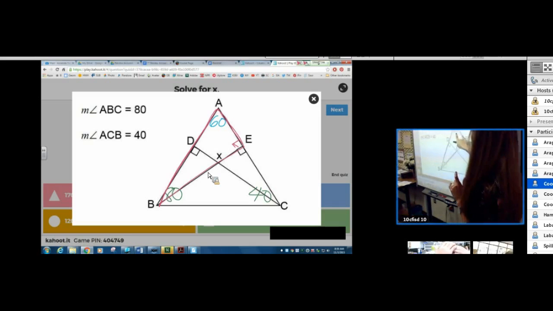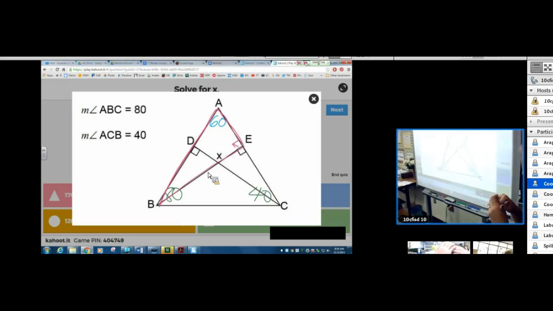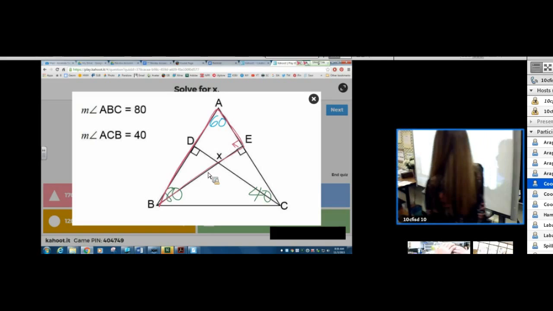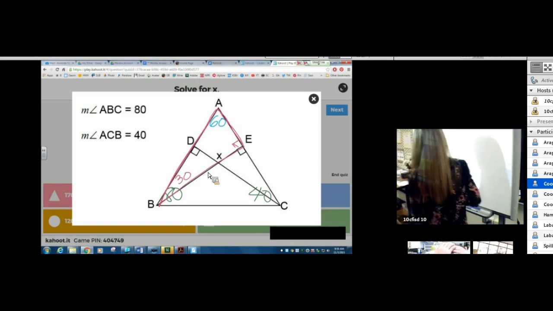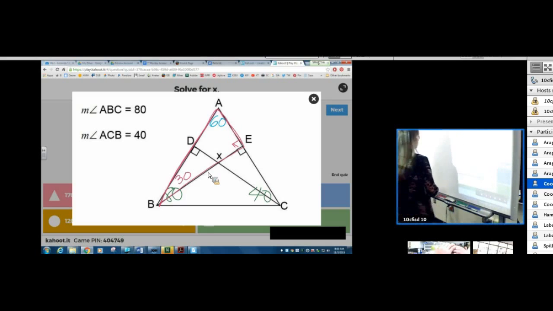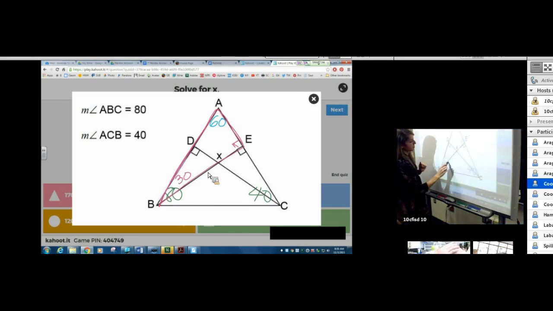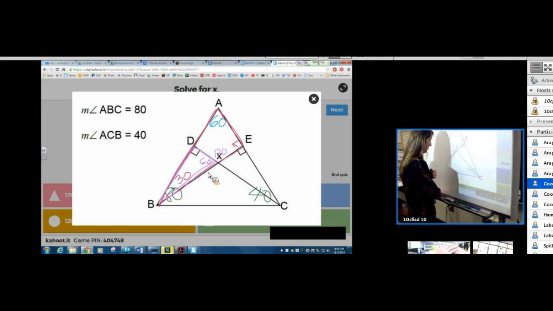We have 60 and 90, so 180 minus the sum of 60 and 90 would be 30, right? And then I spot another triangle right here, this purple one. And if that angle is 30, then this angle is back to 60 again, right there. And then we simply have a linear pair.